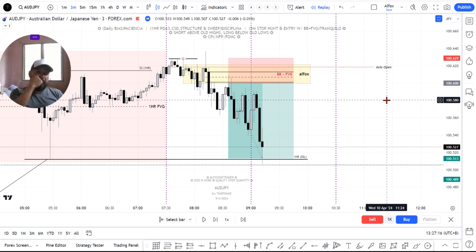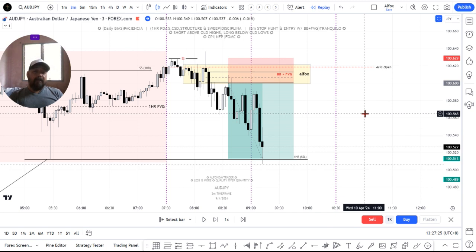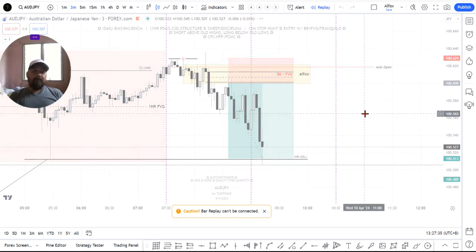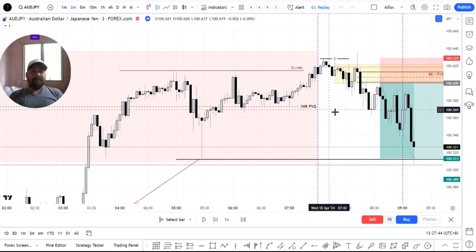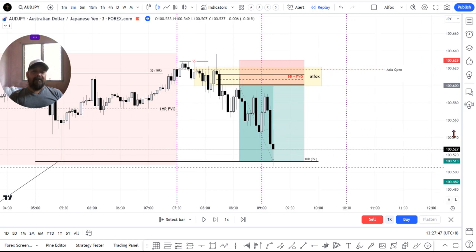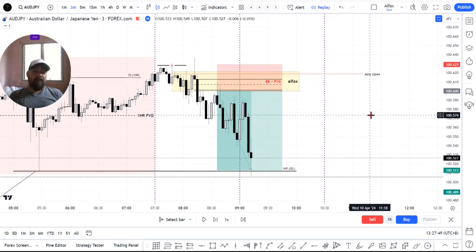So now, let me ask you. Yesterday, I was negative 1R, right? But now, what we have is plus 3R. Now, in total, I am negative 1. So, let's add that to our positive 3R. So, I'm still plus 2R, right? So, you see, that's our edge. That's the beauty of risk to reward.